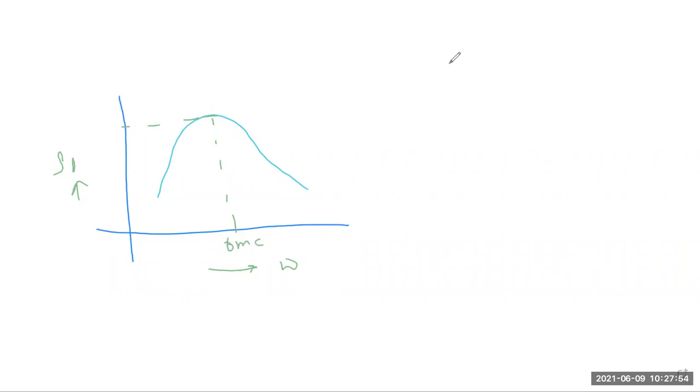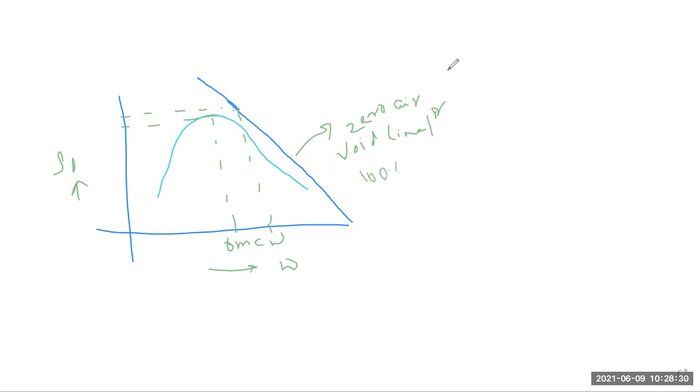So here a parallel line is drawn at some water content, and this line is called zero air void line, or 100% saturation line. Is this possible?